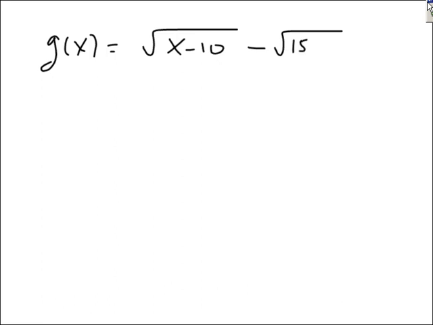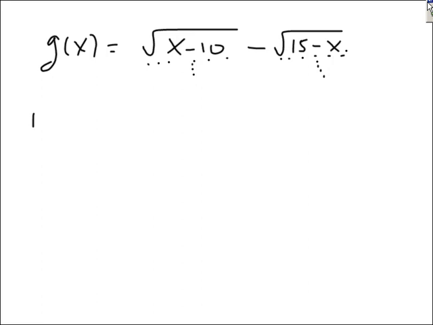Suppose I told you that g of x is equal to the square root of x minus 10 divided by the square root of 15 minus x. Okay? There is no step 1. Why? Because we're dividing by 1, and 1 never equals 0. 1 never ever equals 0.